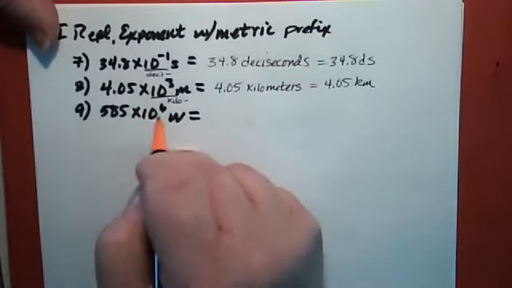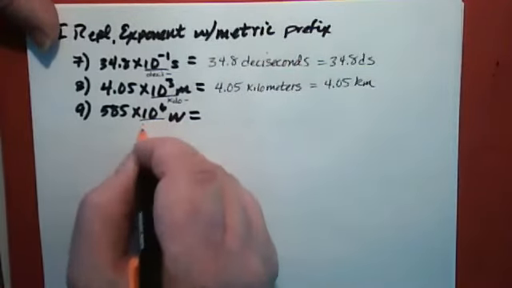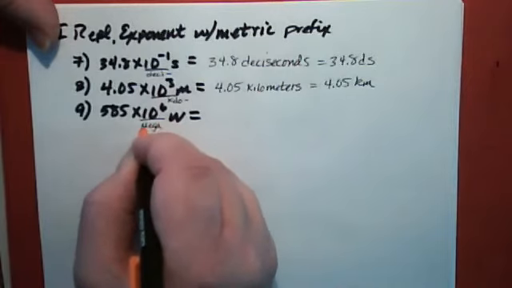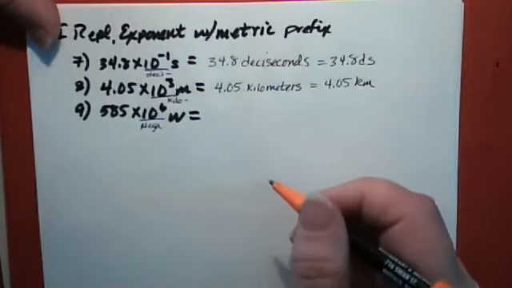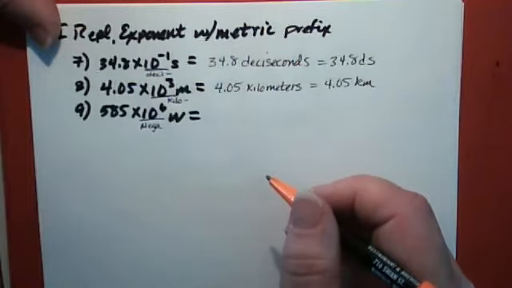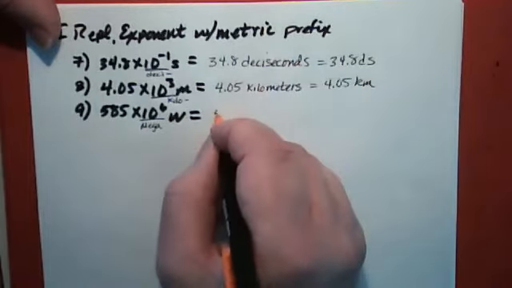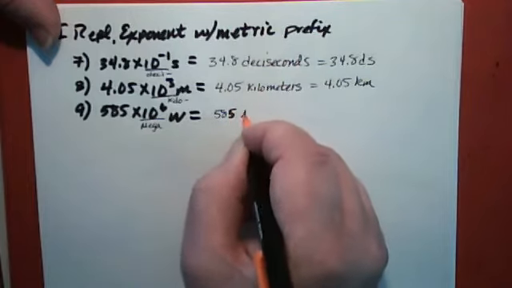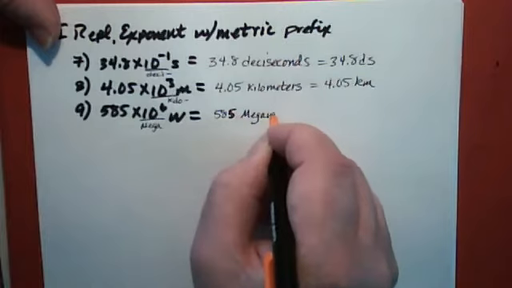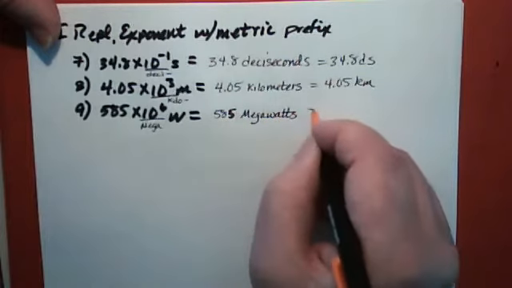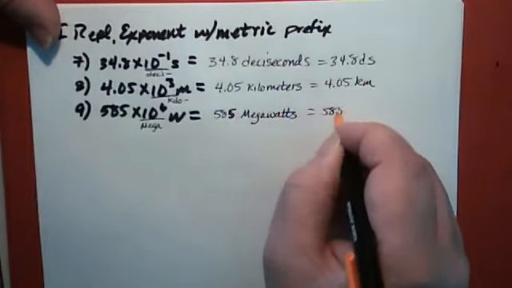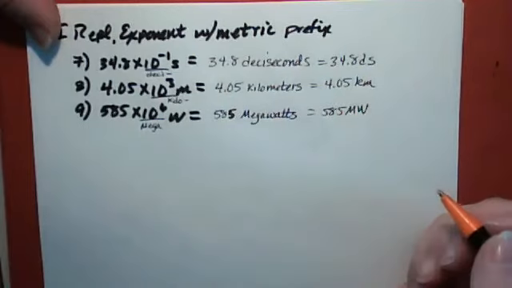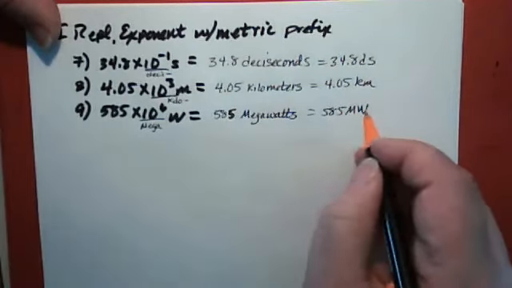And 585 times 10 to the 6 watts. 10 to the 6th is the prefix mega. And so what we have here is 585 megawatts, or 585 capital M, capital W.